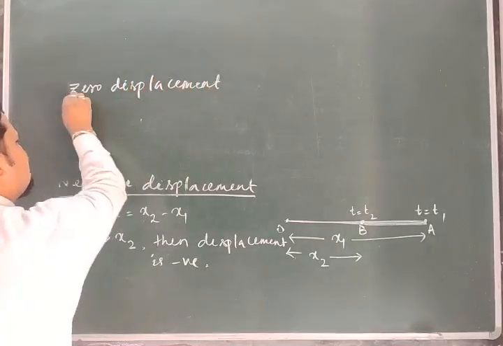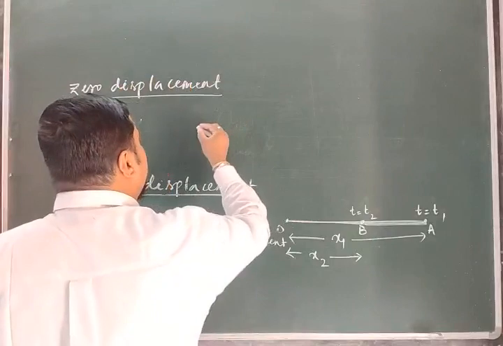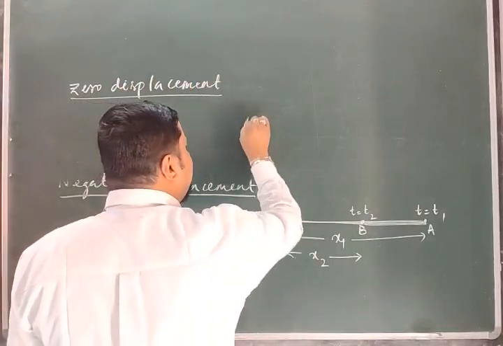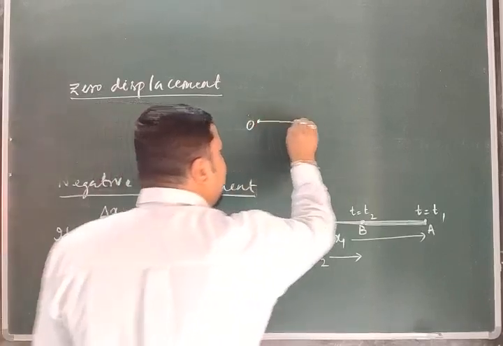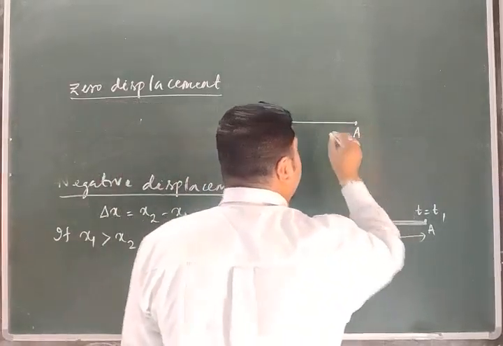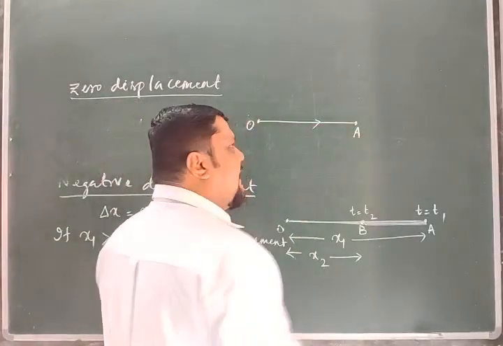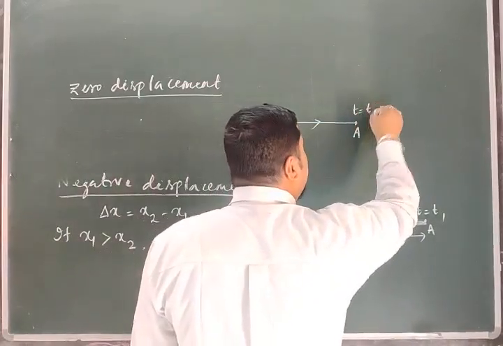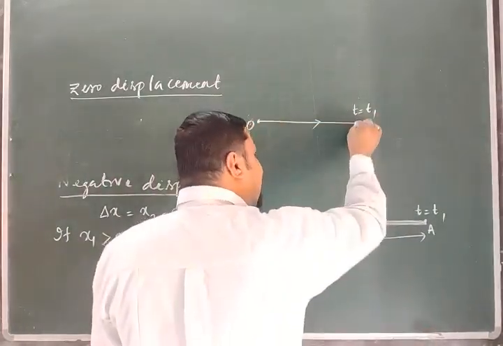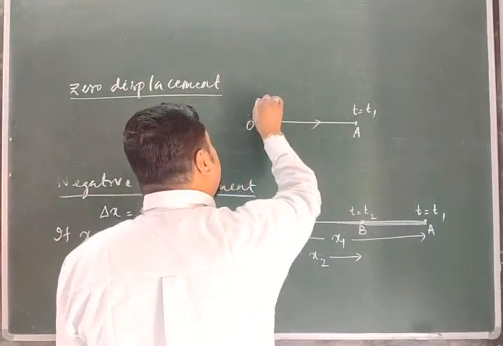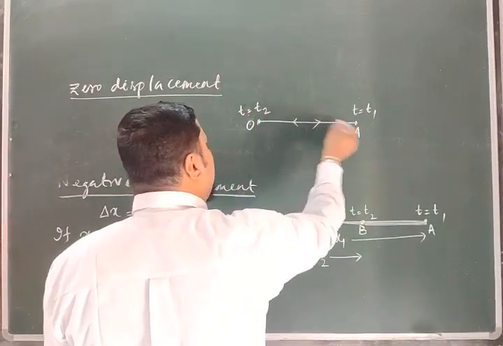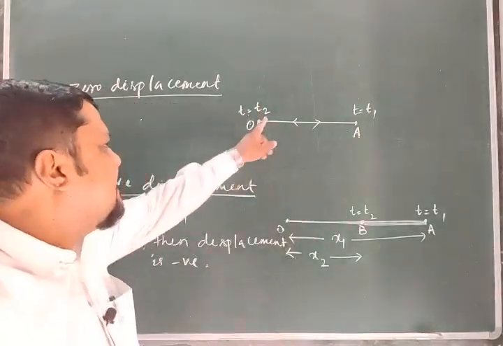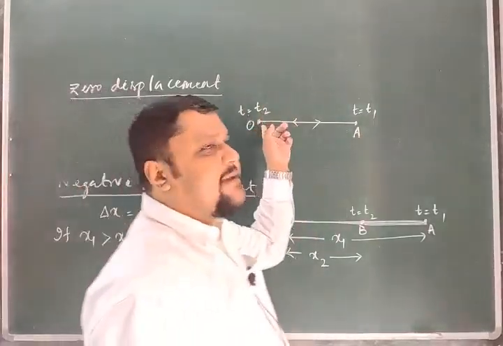Suppose the particle starts from the point O and reaches A in time t is equal to t1. Then again from A to B it comes to the point at t is equal to t2, again it comes back to the point O. So from where it starts, it comes back to the same position.